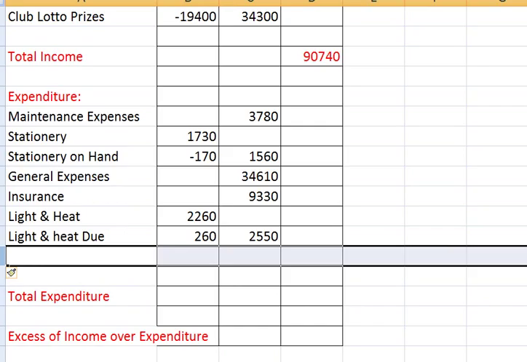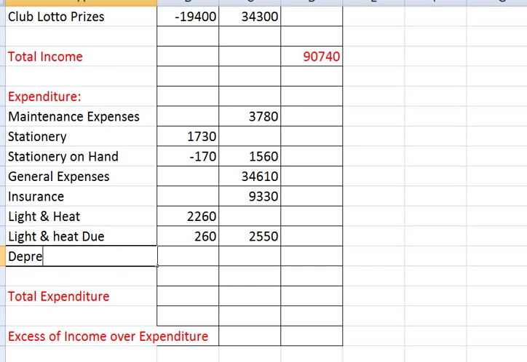Now, there was no purchase or sale of fixed assets in this question, but if there was, I would exclude them. We do not include the purchase or sale of fixed assets, but what we do include is the depreciation on fixed assets. We were told that this club had two fixed assets to be depreciated, the clubhouse and the equipment.